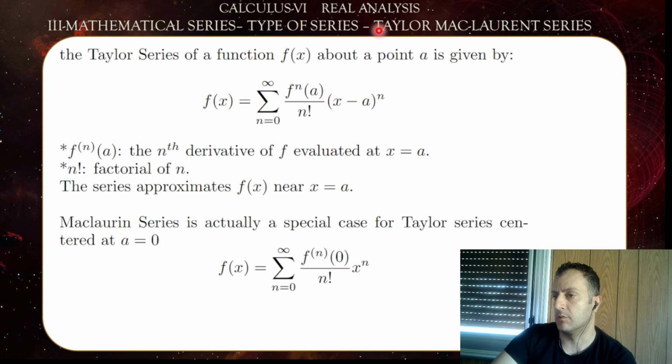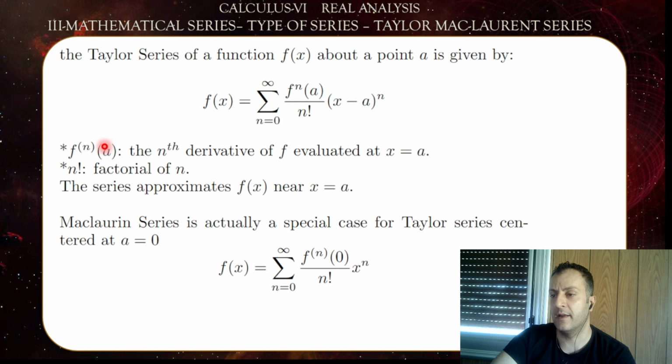Taylor-Maclaurin series. The Taylor series of a function f(x) about a point a is given by, and this is, by the way, another definition for the function itself, sigma from n equals 0 to infinity of f^(n)(a), which means the nth derivative of f at point a, divided by n factorial, multiplied by (x minus a), which is the point, to the power of n.